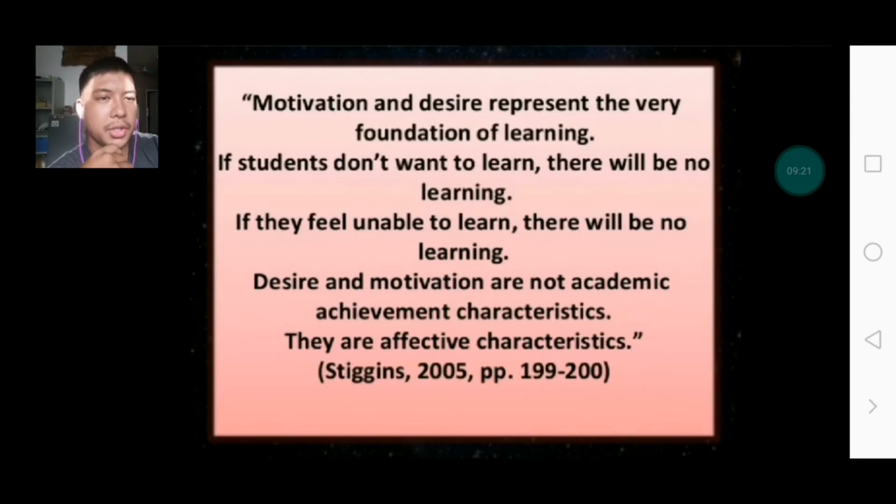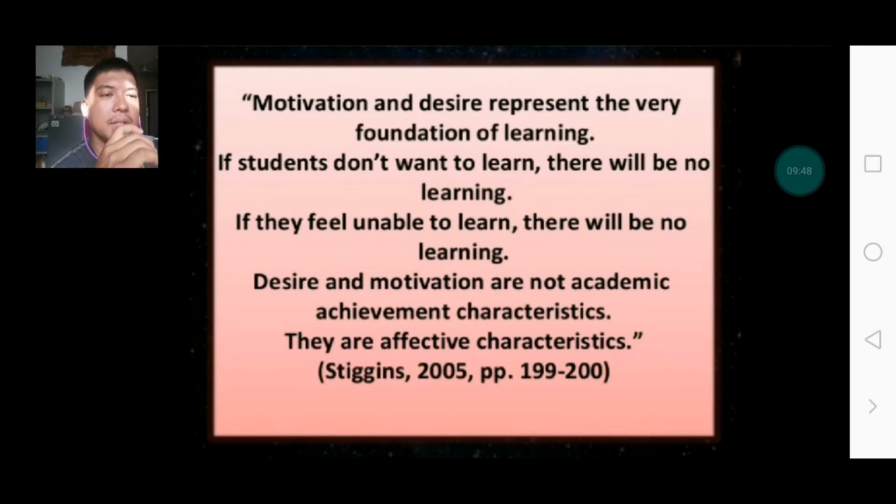So motivation and desire represent the very foundation of learning. If students don't want to learn, there will be no learning. If they feel unable to learn, there will be no learning. Desire and motivation are not academic achievement characteristics; they are affective characteristics.